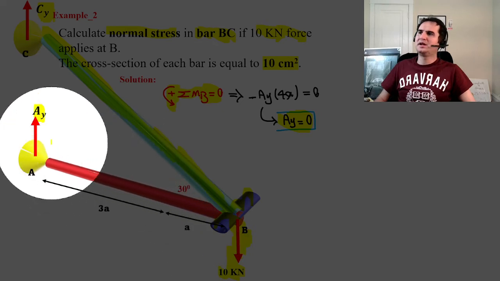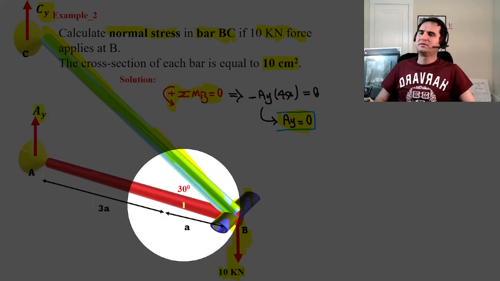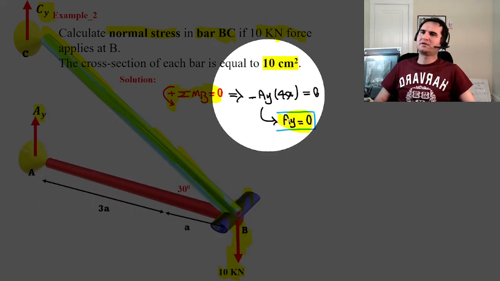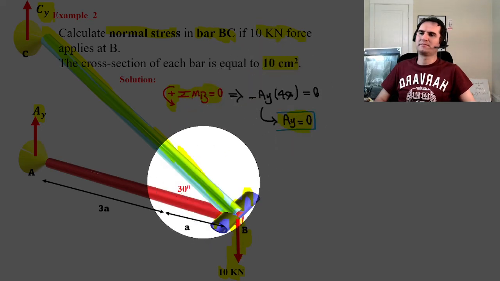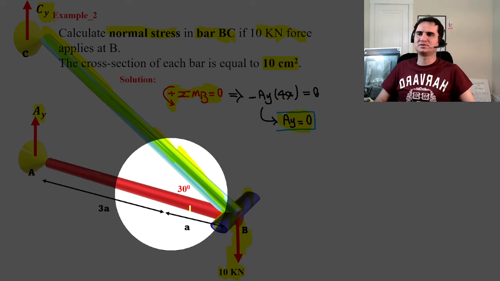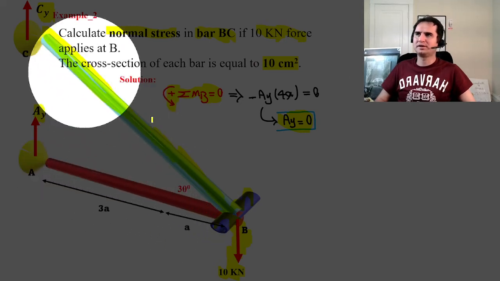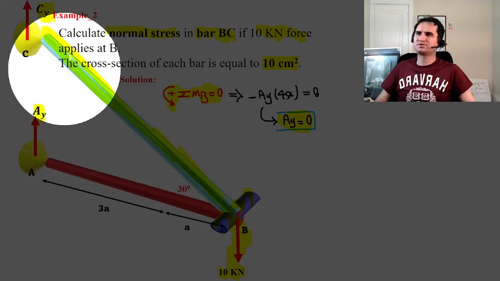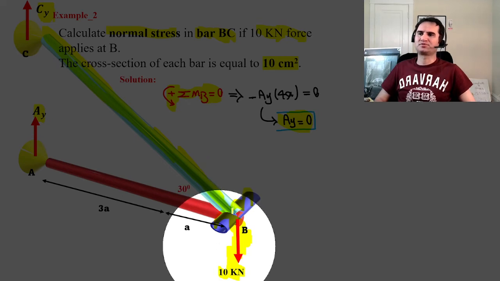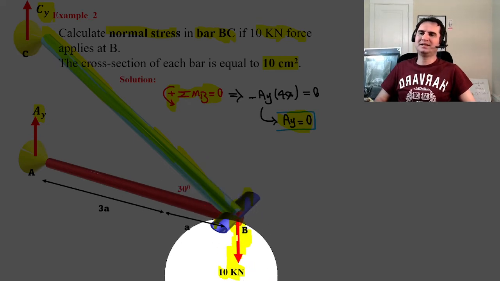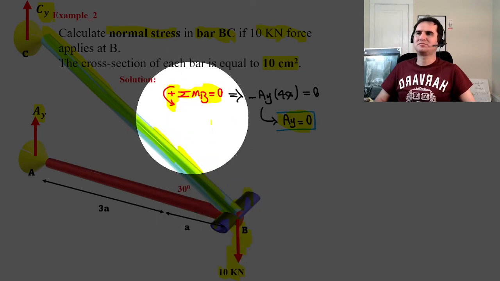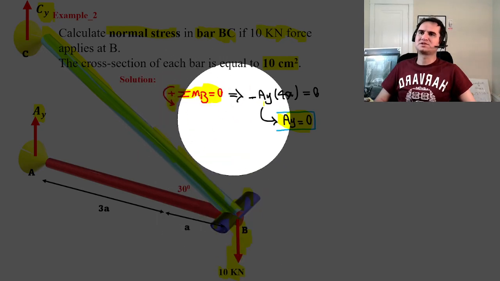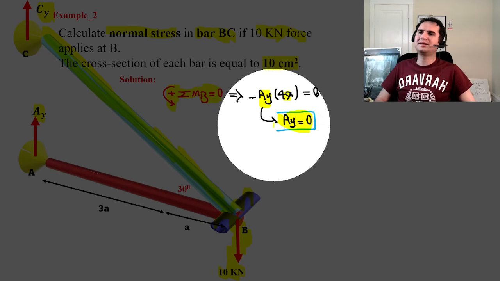And then Ay times 4A is equal to 0, because there are no other forces that we can apply. The other one just passes through the centroid. Because the 10 kilonewton external force is applied at B, the summation of moment at B just gives us Ay times 4A, and that equals 0.